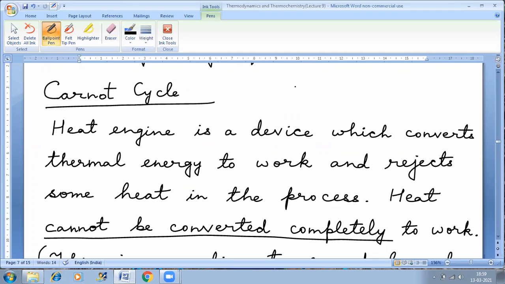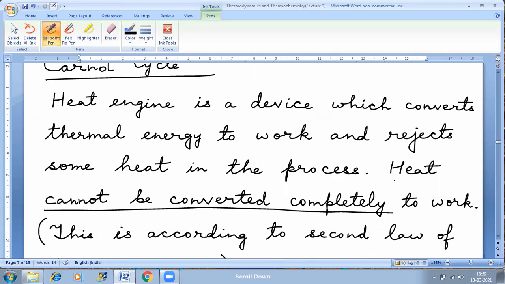Now, according to the second law of thermodynamics, heat cannot be converted completely to work. So if heat is absorbed by a device, only some amount of that heat will get converted to work, not the full amount of heat.